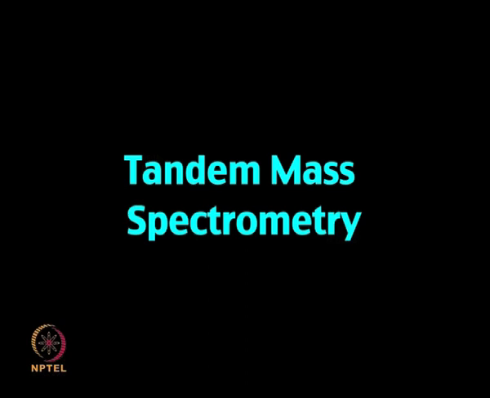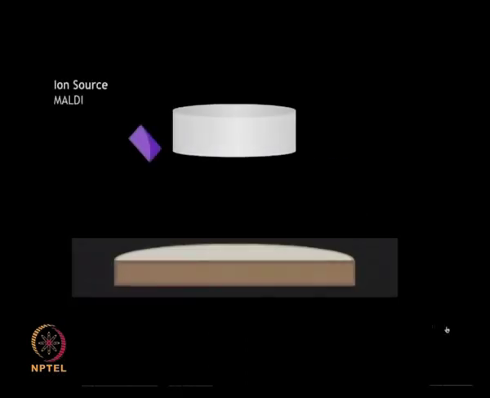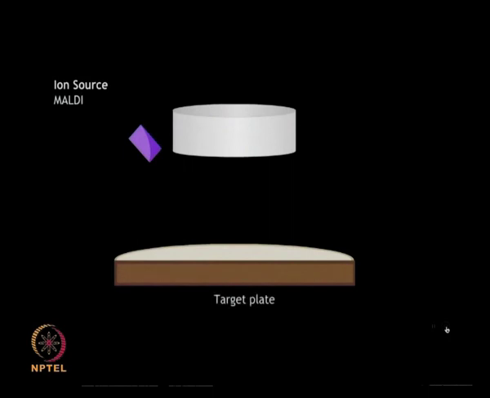Let us first discuss the individual components, the ionization source and mass analyzers, and then how one can make use of various types of ionization sources and mass analyzers in tandem for mass spectrometry analysis. The ionization source is responsible for converting analyte molecules into gas phase ions in vacuum.